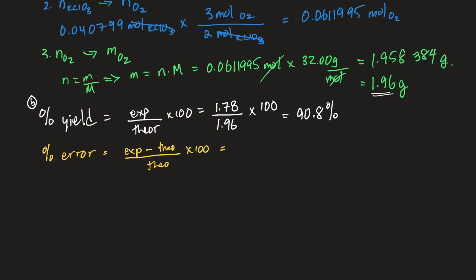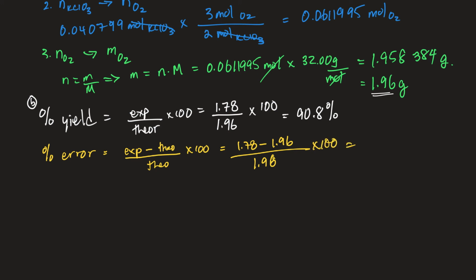So experimental, 1.78, minus theoretical 1.96, divided by theoretical 1.96, times 100.